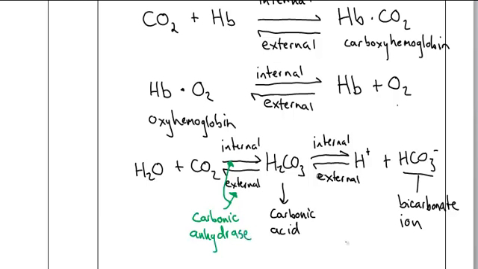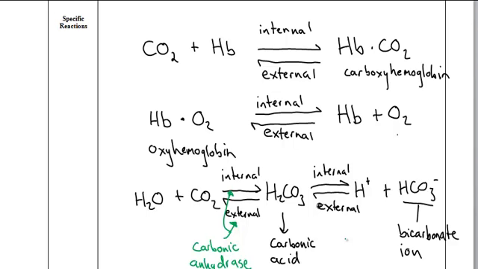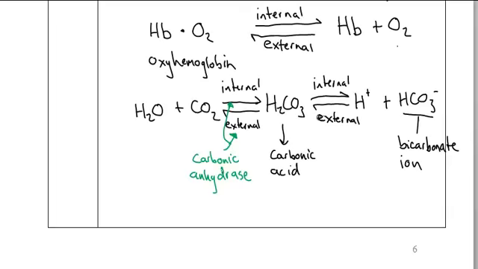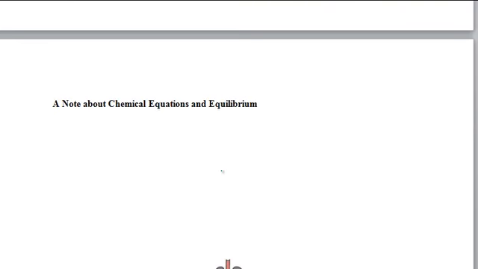Okay, so that's one way to summarize the internal and external reactions that are occurring for gas exchange in the body. Another way to look at it is to actually look a bit more at a picture in paragraph format.